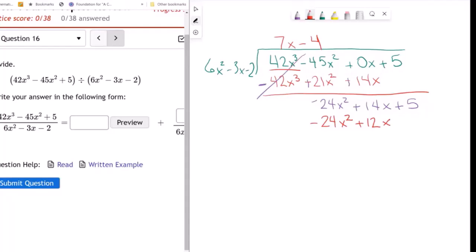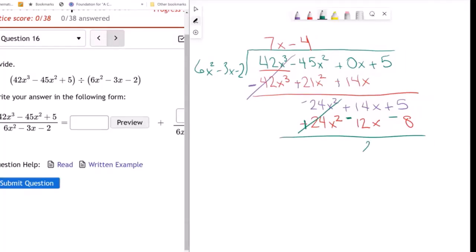Minus 4 times minus 2 is plus 8. Then I change my signs. This becomes positive, this becomes negative, and this becomes negative. If you want, you can erase what's underneath. Now I add. This cancels. Remember, the goal is always to cancel the leading term, and we keep doing it. So we get 2x minus 3.